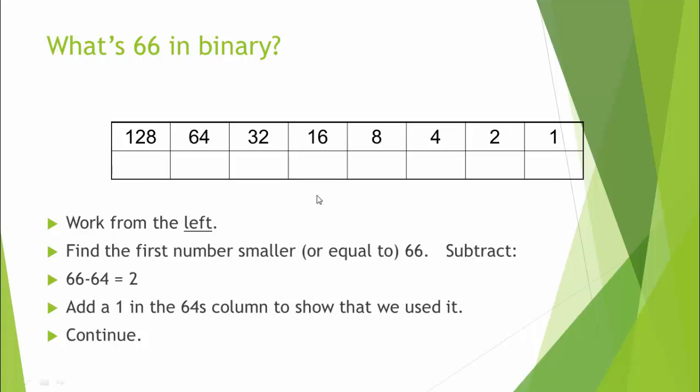So 66 in binary, again, we're going to work from the left-hand side. How many 128s do we need? Well, we don't need any. But when we get to 64, we are going to need one of these. So we put a 1 in. Then we subtract the 64 to find out how much we haven't taken care of yet. 66 minus 64 is 2.